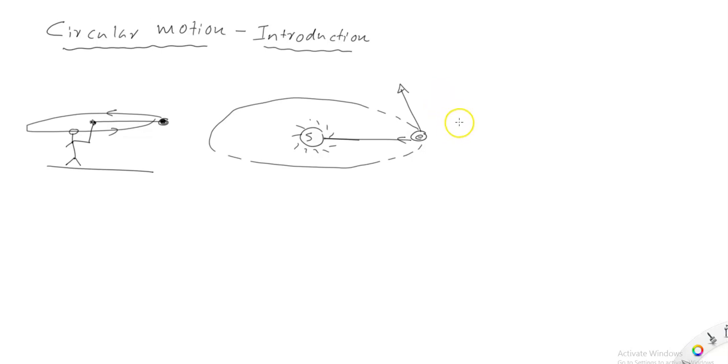Okay, so without going further with examples, let's talk about properties of circular motion. Okay, let me go ahead and clear this. Alright, so let's start with a simple example.